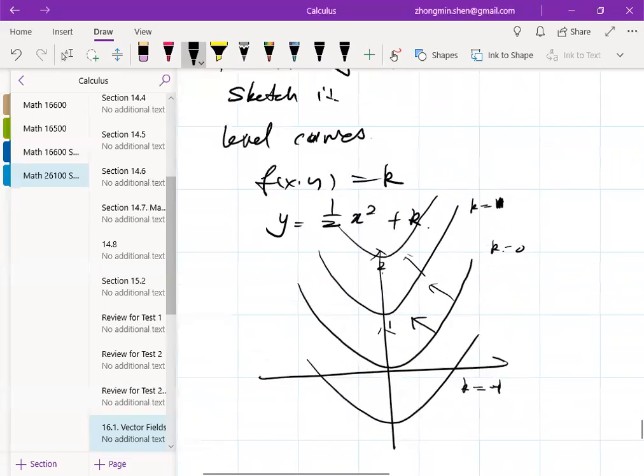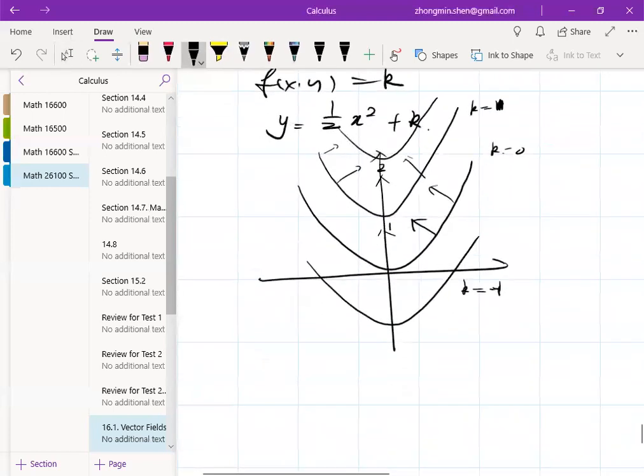At different locations, they're perpendicular to the parabola. But the vector is not going to be constant, so when you draw it, be careful with the length. Okay, so let's find the gradient.